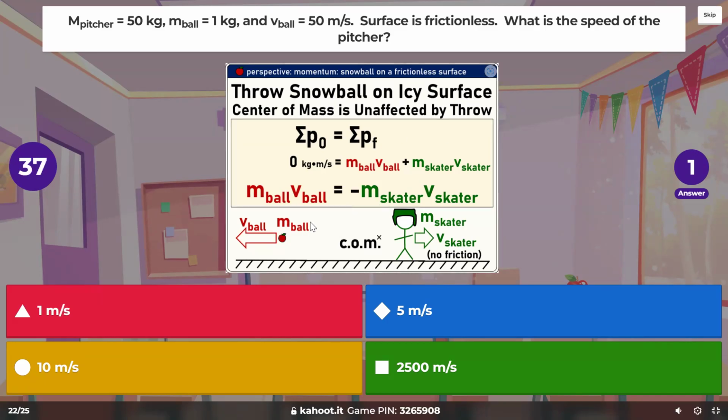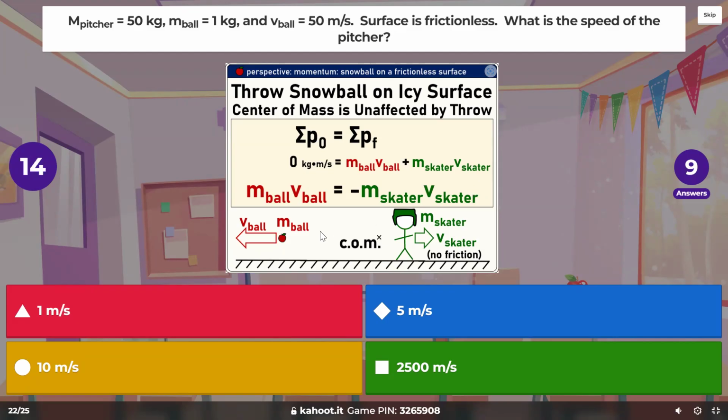So I got a 1 kilogram ball going 50 meters per second to the left. Presumably they started from rest on top of the mound. The pitcher is 50 kilograms, sliding how fast to the right? So momentum's conserved.